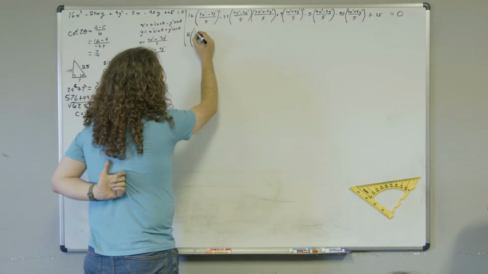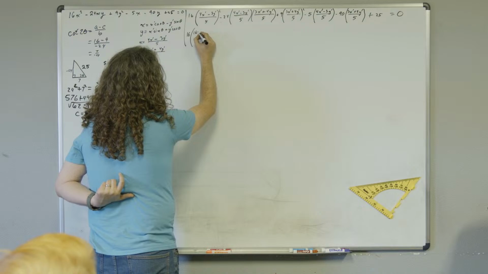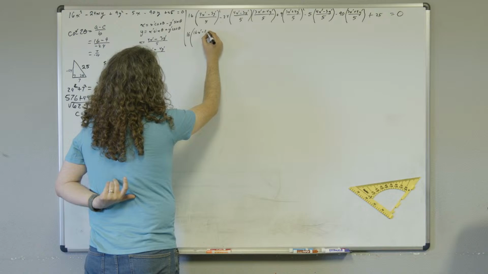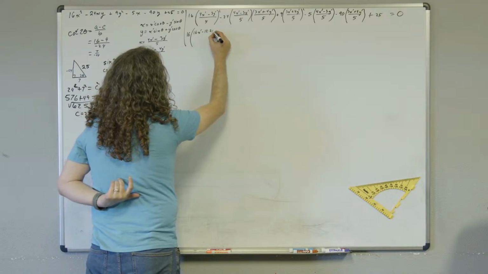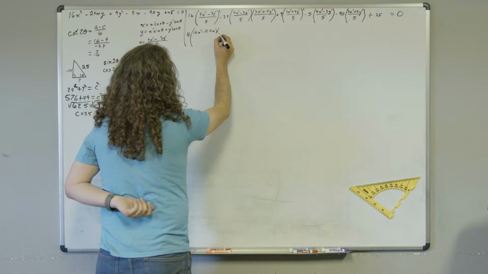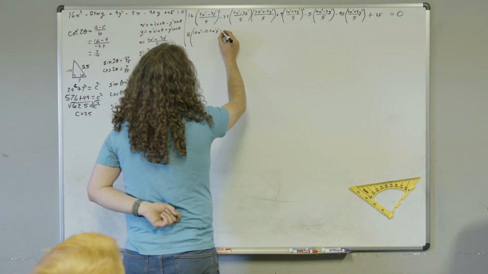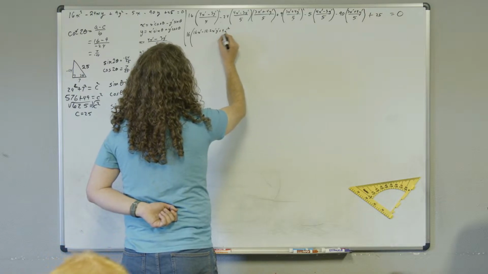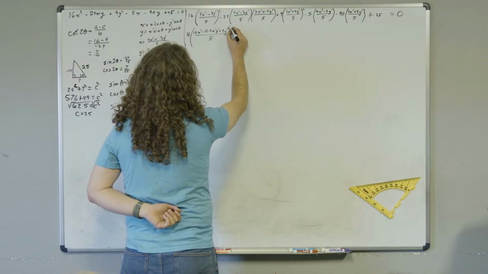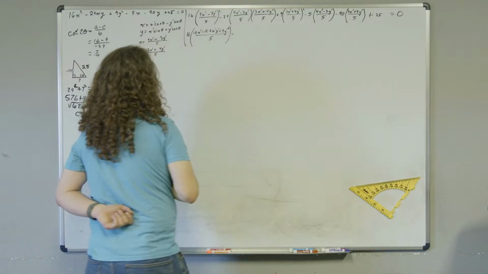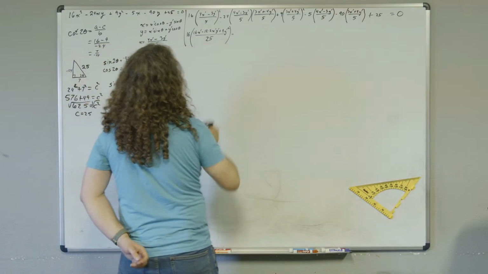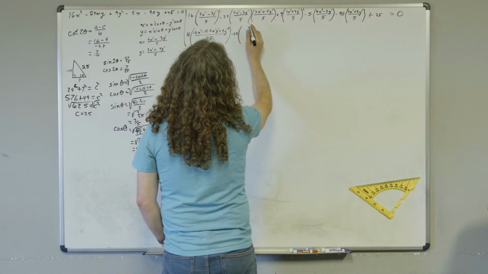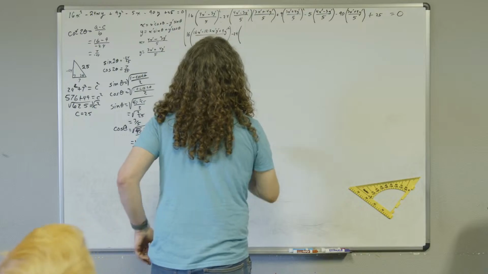How to do it? 16x prime squared minus 12 times 2x prime y prime, which is surely going to go away, plus 9y prime squared over 25. Minus 24 times, they're not conjugates, because of course they're not.